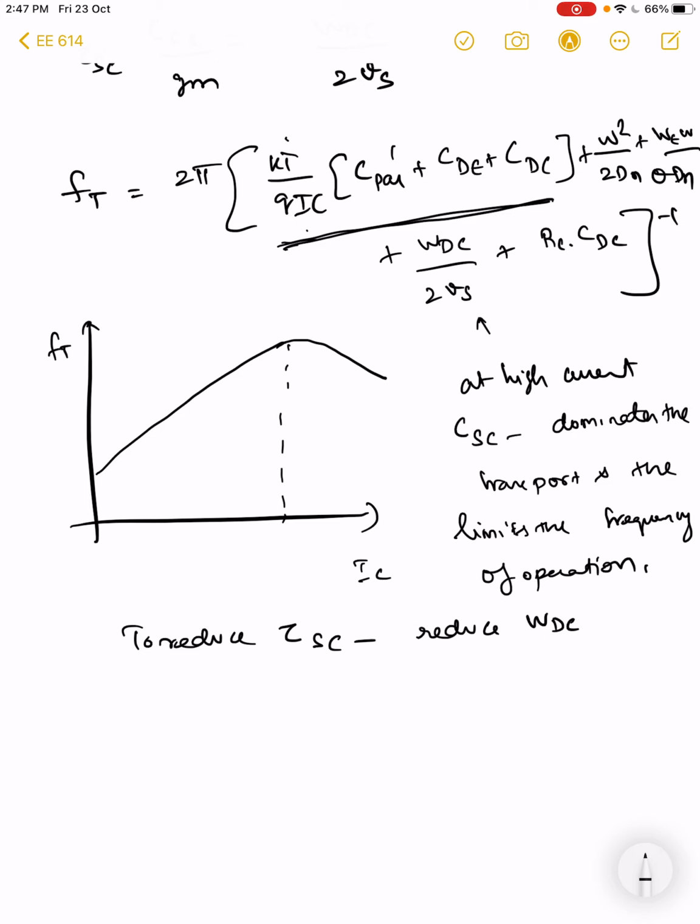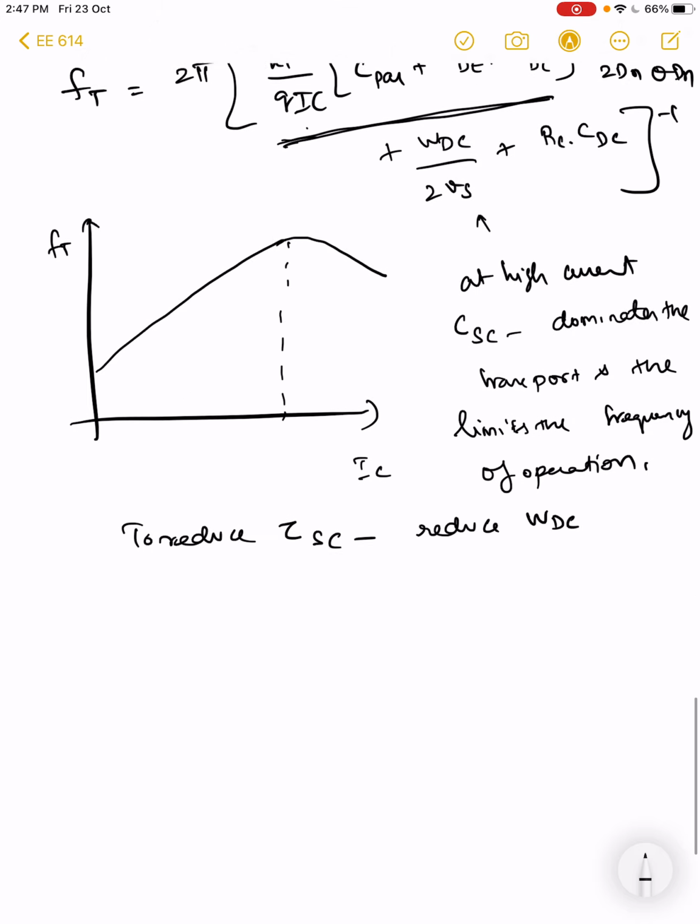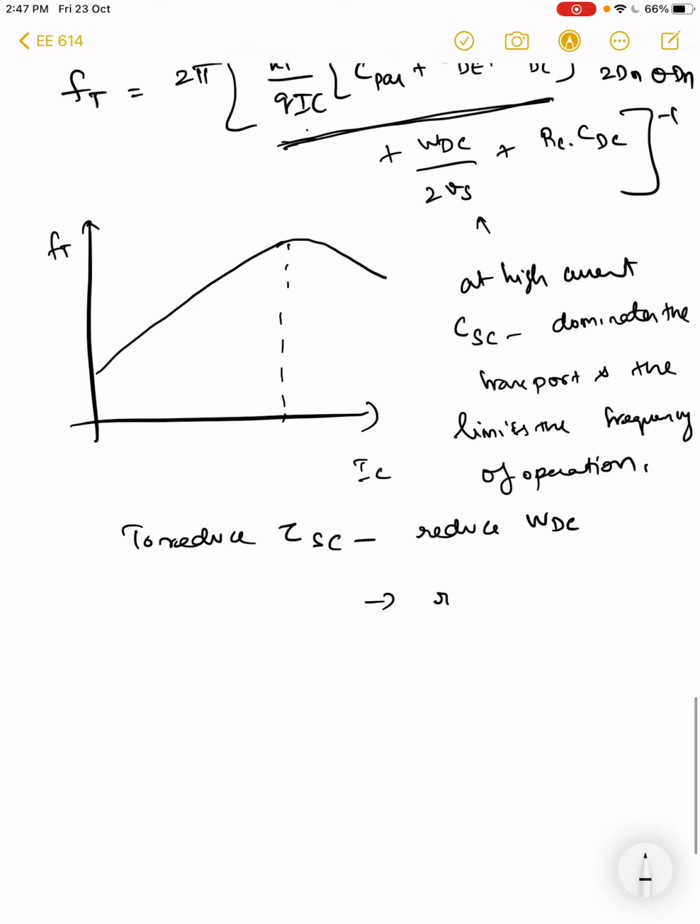But then if you increase the collector doping density, you reduce the depletion width of the collector, and this will also reduce the breakdown potential, the breakdown of collector depletion, right?